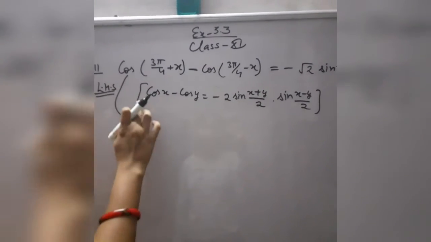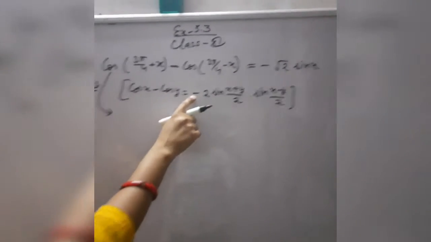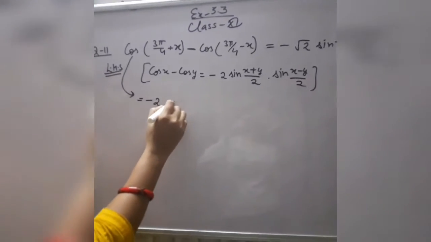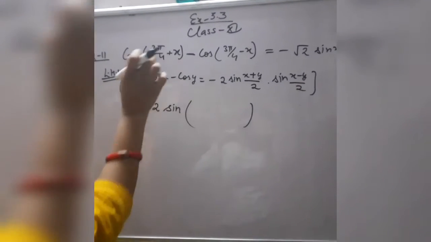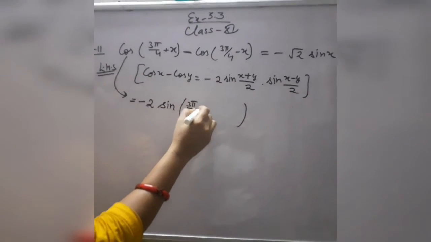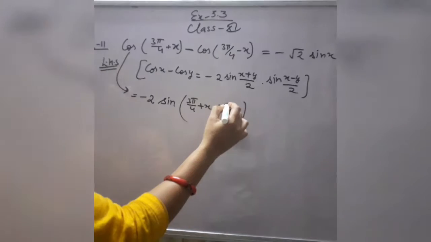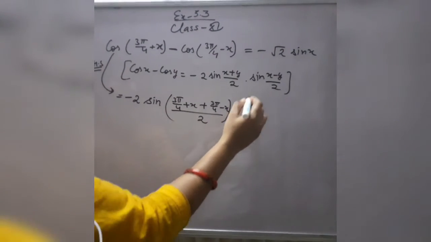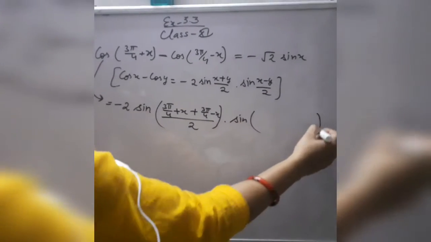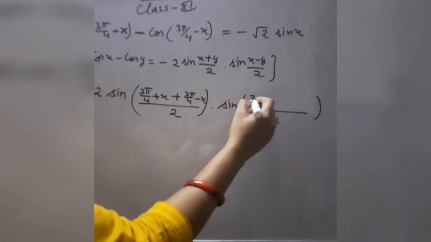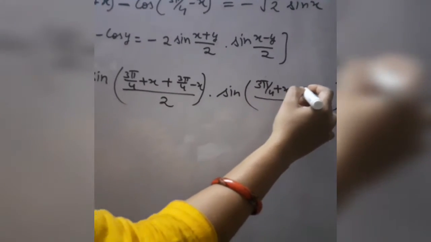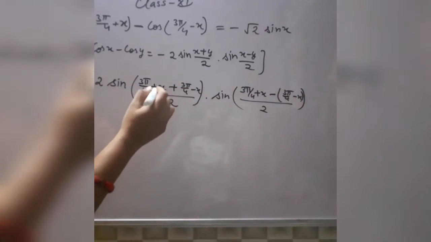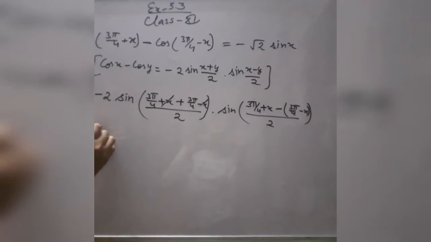So the left hand side can be written as minus 2 sin of ((3π/4 + x) + (3π/4 − x))/2, into sin of ((3π/4 + x) − (3π/4 − x))/2. When you simplify, minus x is cancelled with plus x.